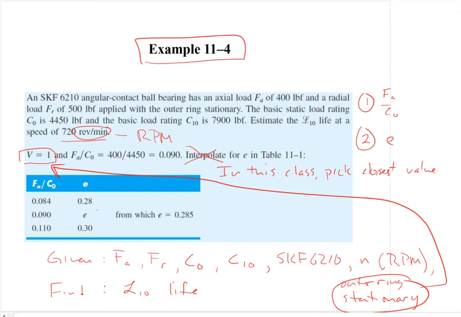They interpolated. This is a table value, and this is a table value. This is not a table value. So if I put a problem like this on the final, you would have picked 0.28 for E. And you notice that that's not that much different from the E that they interpolated, 0.285. So, for an engineering estimate, that's perfectly fine.